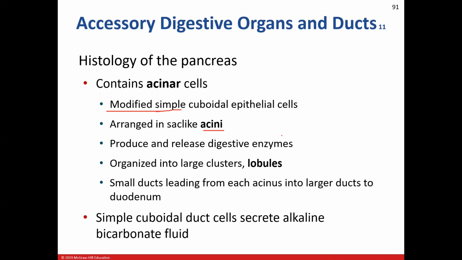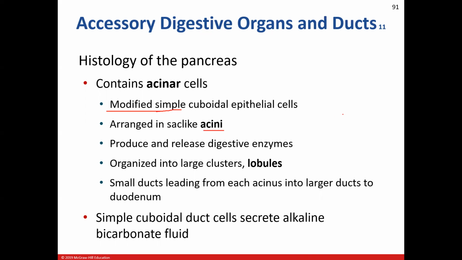When we put all of these acini together into clusters, we now refer to them as lobules. The majority of the production of these cells is going to be digestive enzymes, which help to break down those macromolecules.